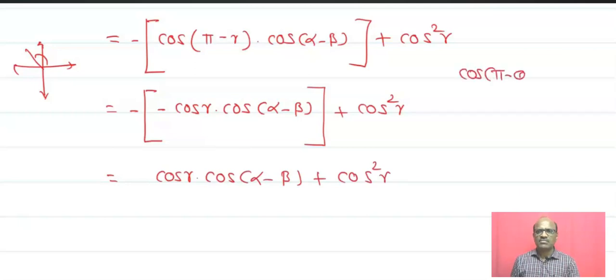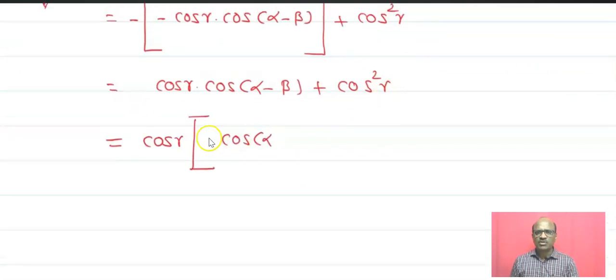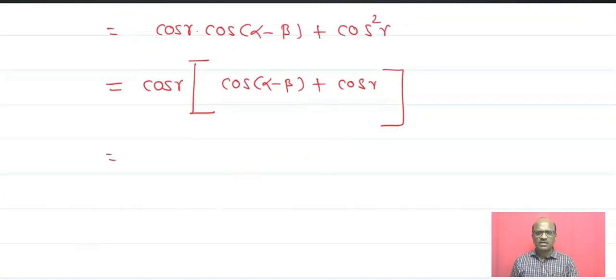Now we are writing the formula cos of pi minus theta is equal to minus cos theta, and again we will take cos of gamma common from these two terms, then you will get cos of alpha minus beta plus cos gamma.